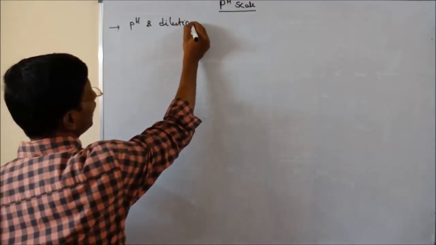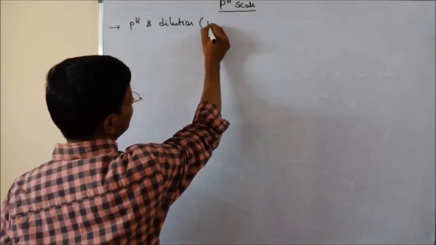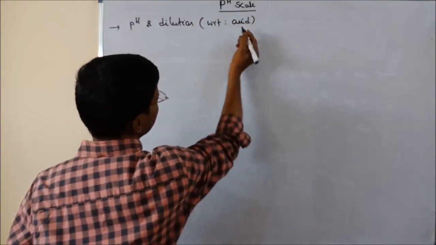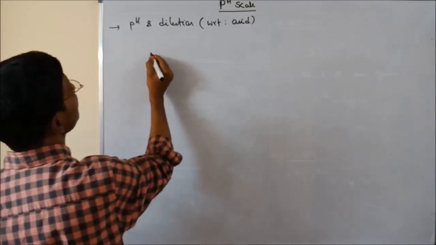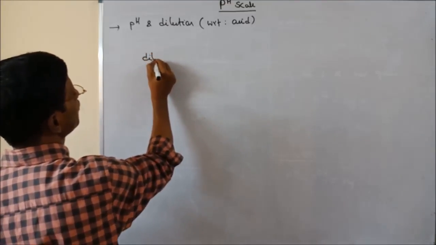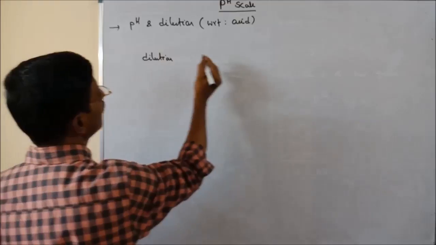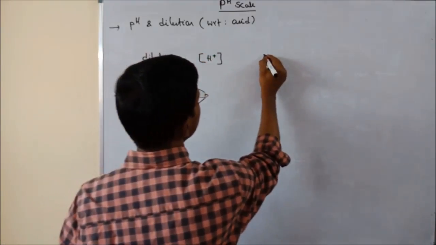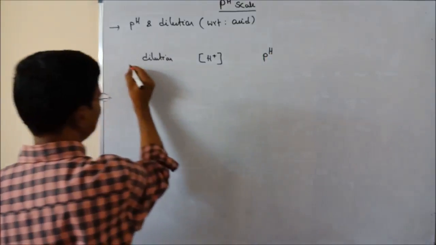Now I am explaining in terms of acids. So now just see here, this is dilution, and H plus means concentration of H plus, and pH.